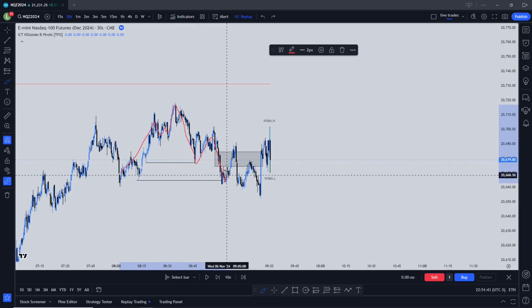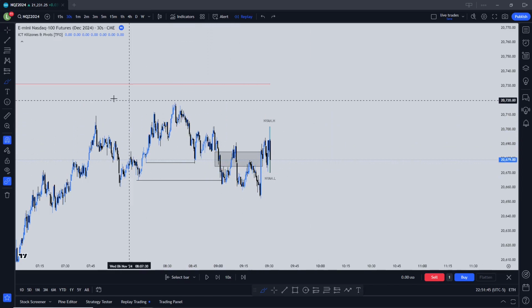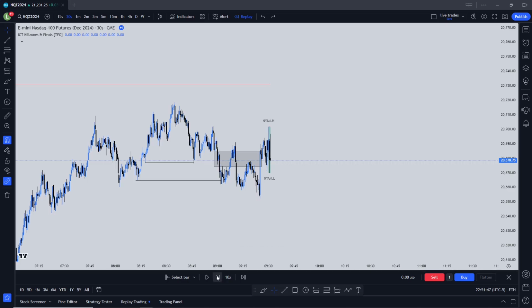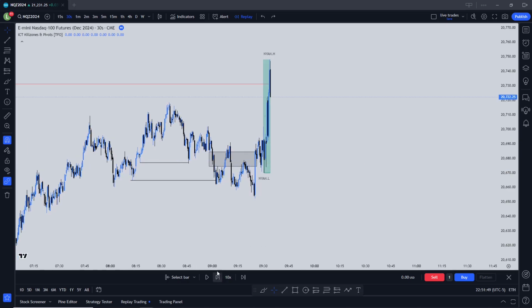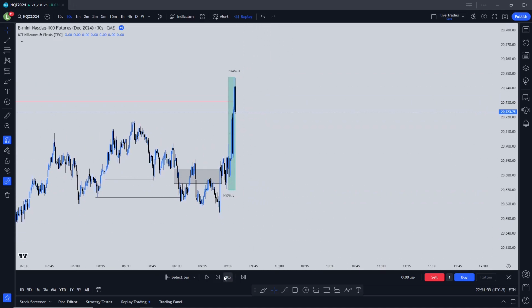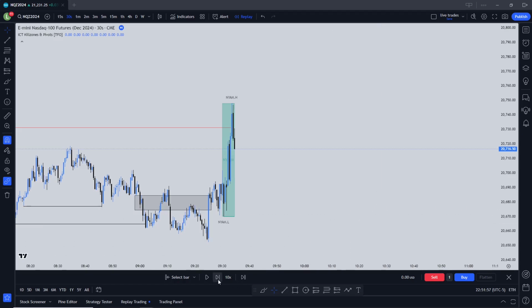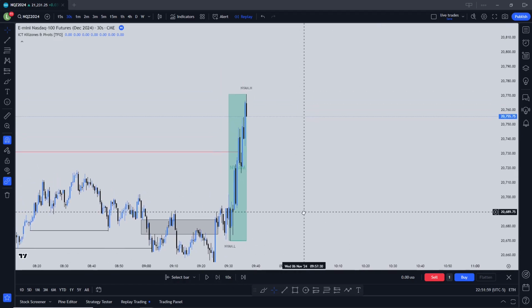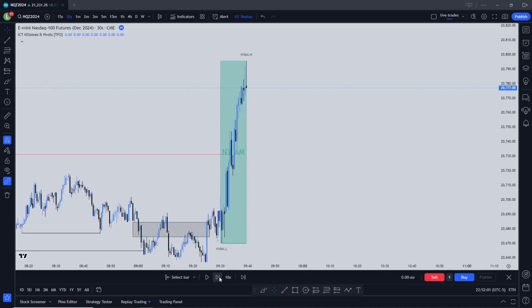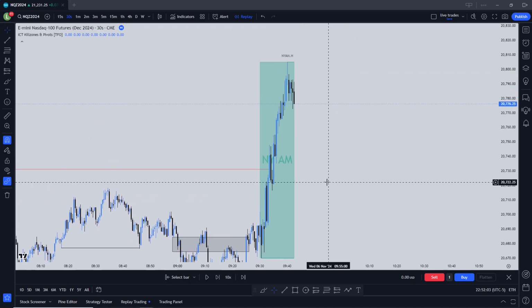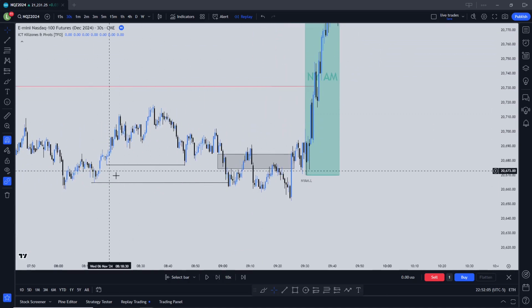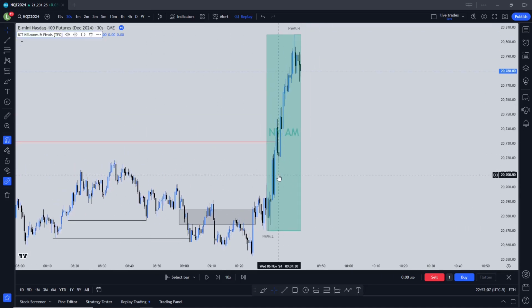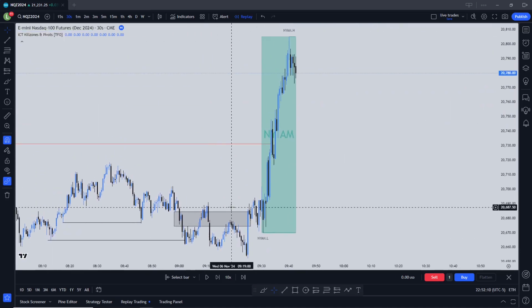But in comparison to the New York AM session, you'll see. You're 4 minutes in and price is already moving a lot more, right? Now here we're just pumping. You can already see price is moving a lot more in comparison to the pre-market.